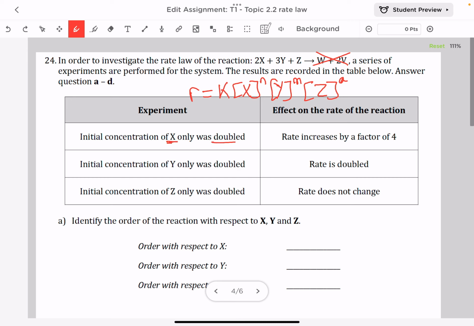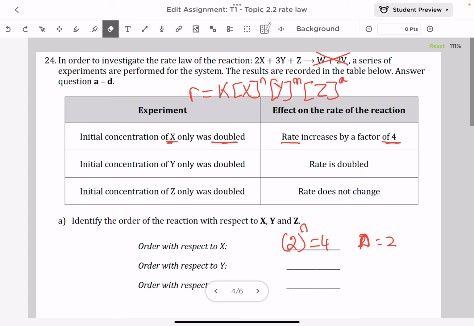X doubled, the rate increases by a factor of 4. So I will say, 2 to what power gives me 4? It's the second order. So n is equal to 2. 2 squared is equal to 4.